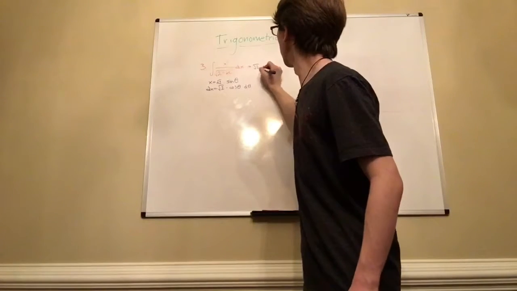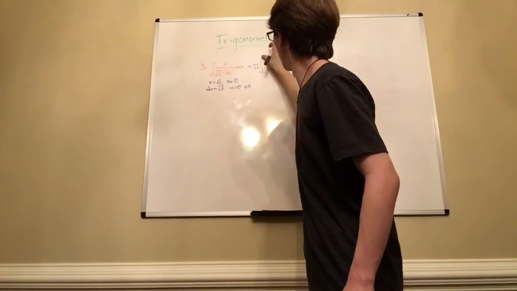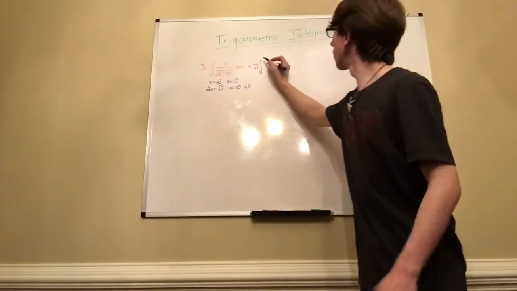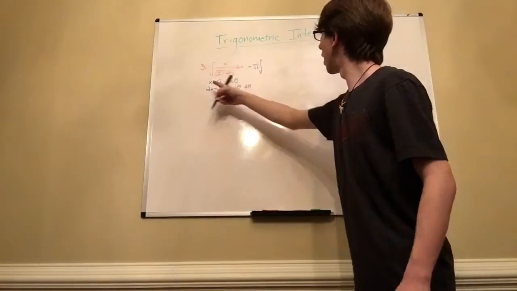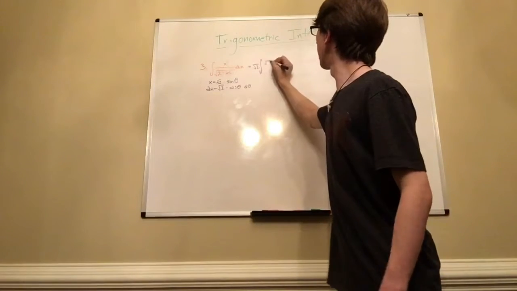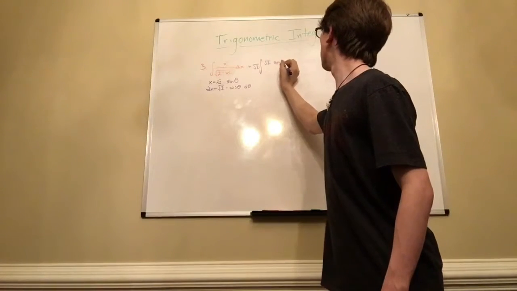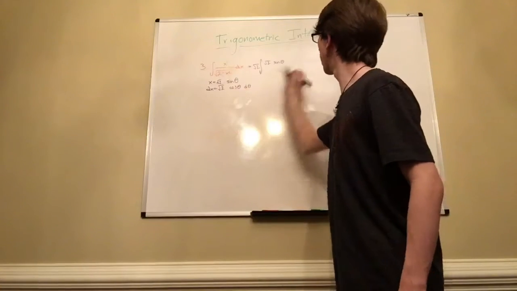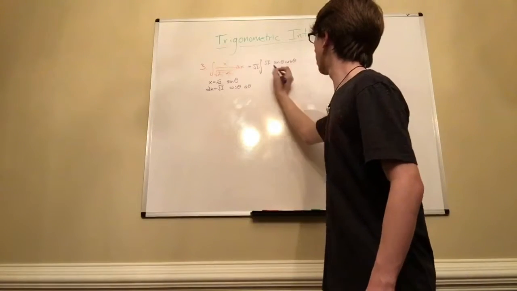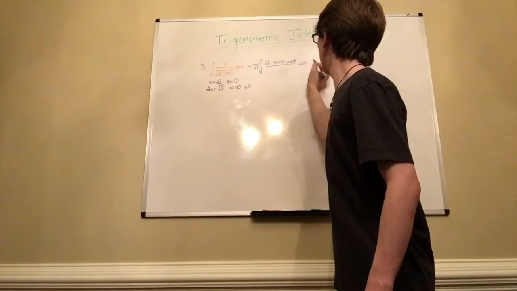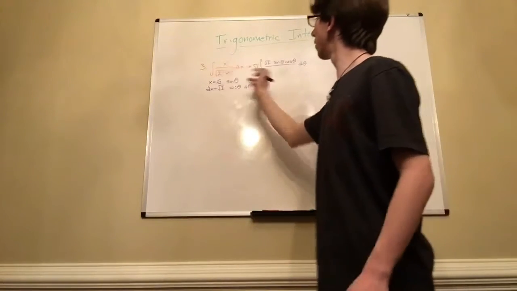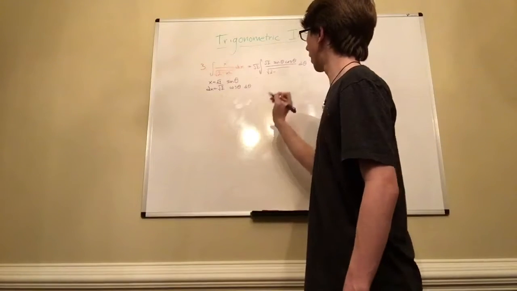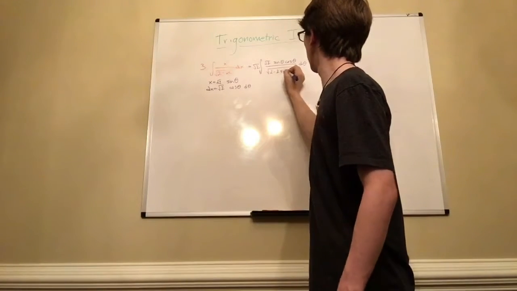So we have the square root of 2 integral, x is the square root of 2 sine theta, and then here we have cosine theta d theta, and that's over the square root of 2 minus x squared, so that's the square root of 2 minus 2 sine squared theta.